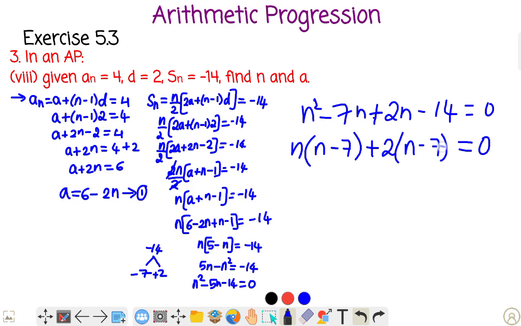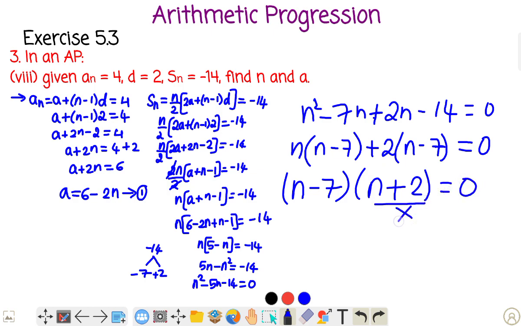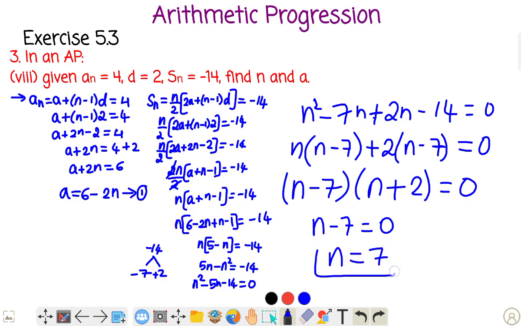So I can write it as, if I take n minus 7 as common, I'll get n minus 7 times n plus 2 is equal to 0. I will not take this one because the n will come in negative. So I'll take n minus 7 is equal to 0, that is n is equal to 7. So this is the required n value we got.